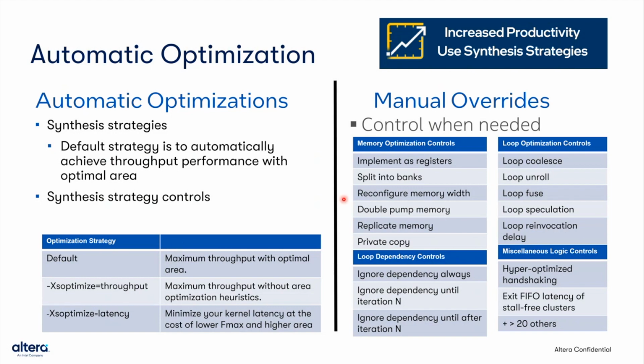But for those that want more detailed control over the actual hardware that's being generated, for example, the memories that get generated, how loops are handled, there are manual overrides that can be specified in your oneAPI code if you want more lower level control.